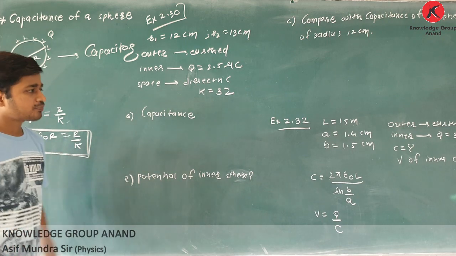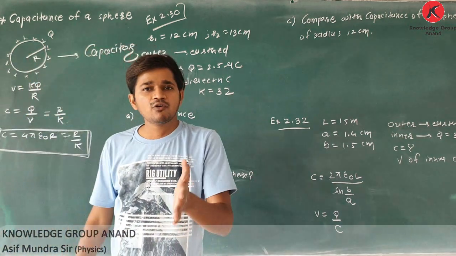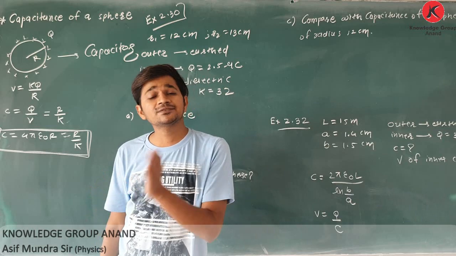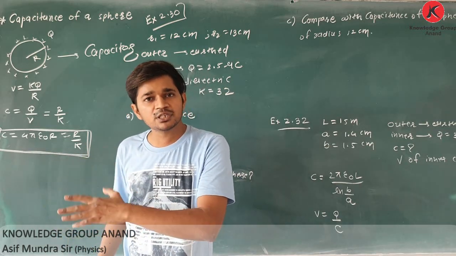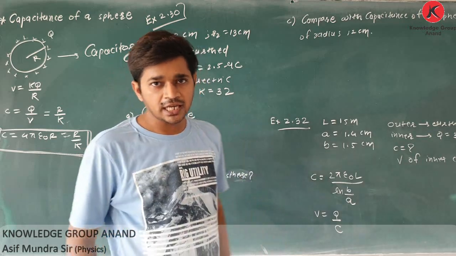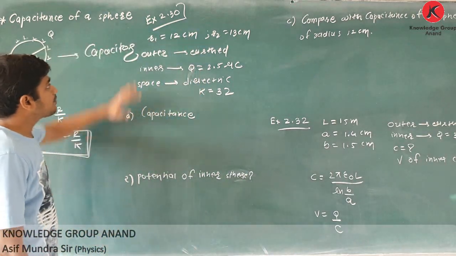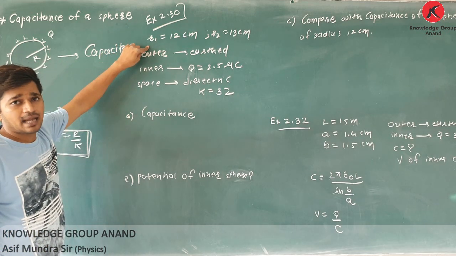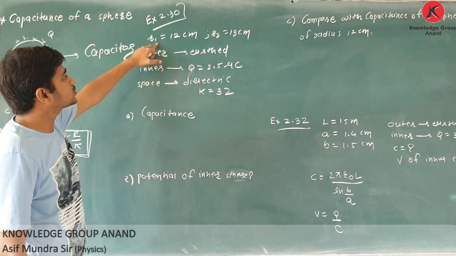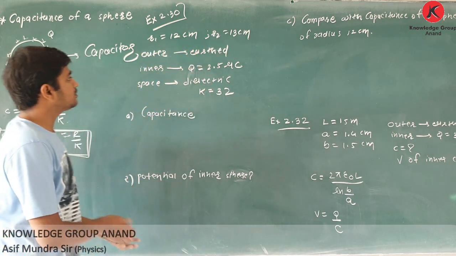In the last lecture, we obtained one equation for the spherical capacitor. In this lecture, we have obtained one for the cylindrical capacitor. Now some questions based on them. Exercise 2.20: one spherical capacitor is given, having inner radius 12 cm and outer radius 13 cm.